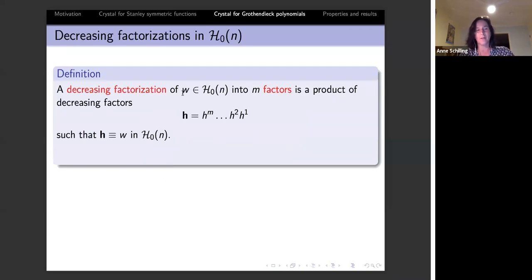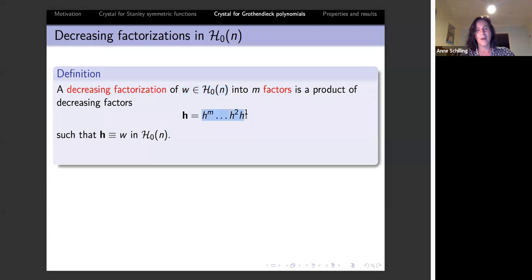And just to remind you of the setup, what we are going to do is take some word in the zero Hecke monoid, which is just a word in the letters from 1 up to n. Then we again factor it into factors, and each factor has to be decreasing, meaning the numbers in that factor are strictly decreasing.